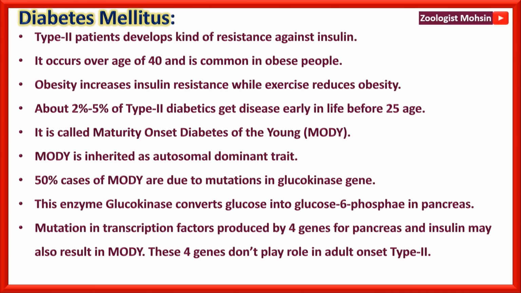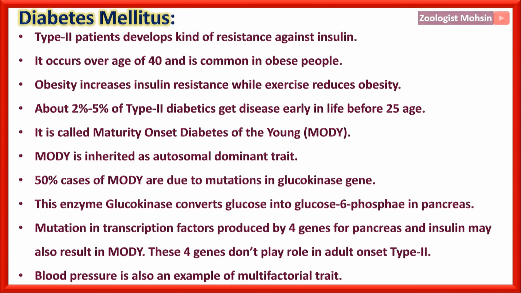Please remember. Blood pressure is also an example of a multifactorial trait, and the diastolic and systolic pressures of the parents correspond with the diastolic and systolic pressures of the offspring.